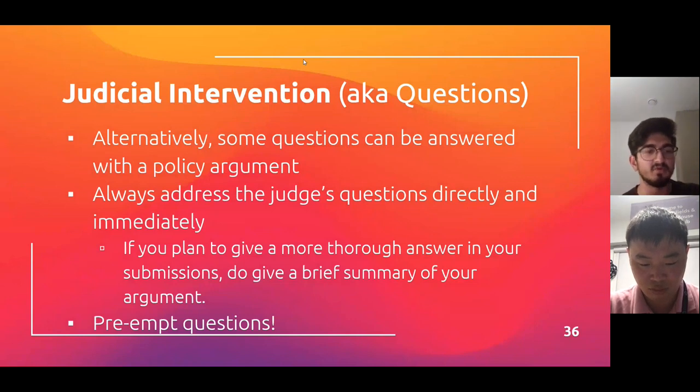That way it will give you a bit more confidence. You can think about how you can respond to potential questions which might come up. And in the actual moot, the judge will get the impression that you've prepared for this and you know what you're talking about.